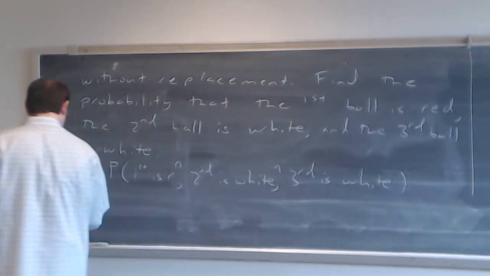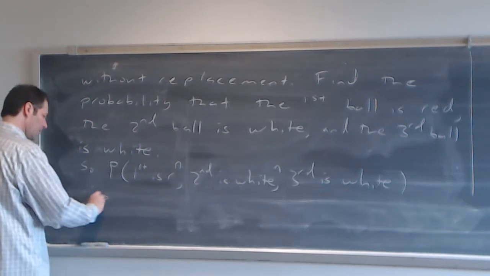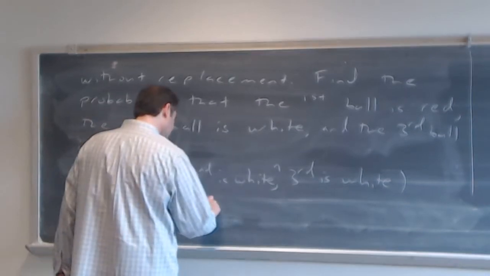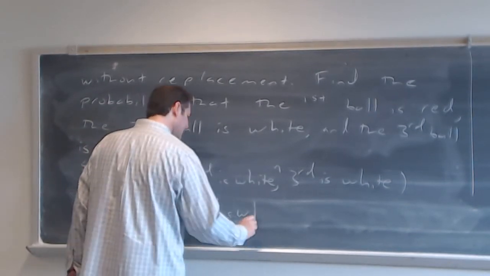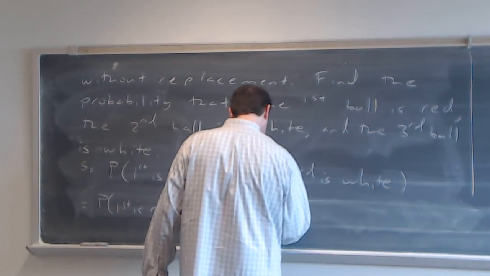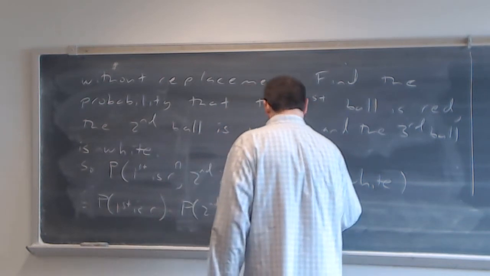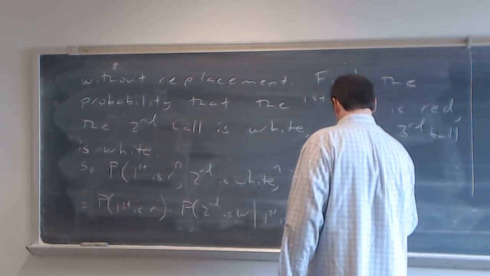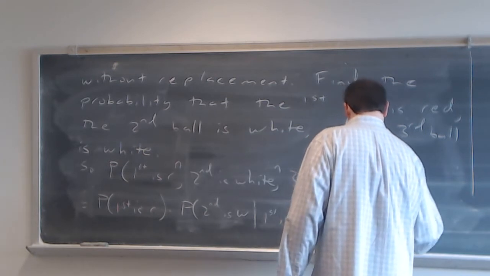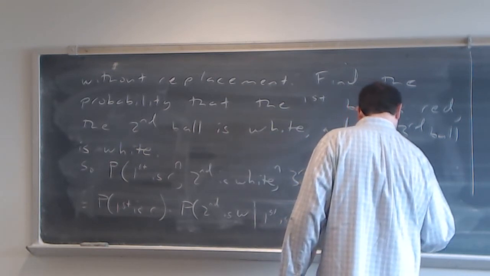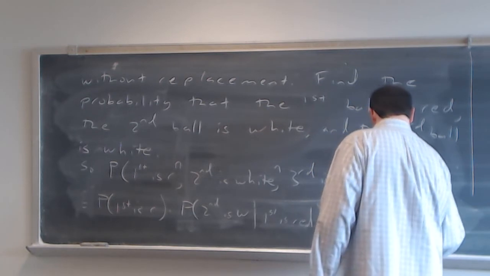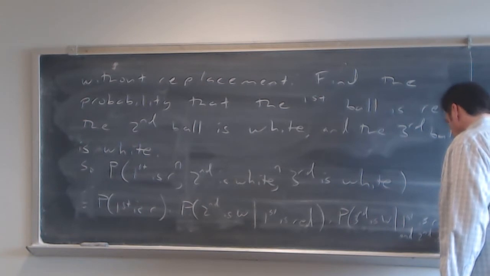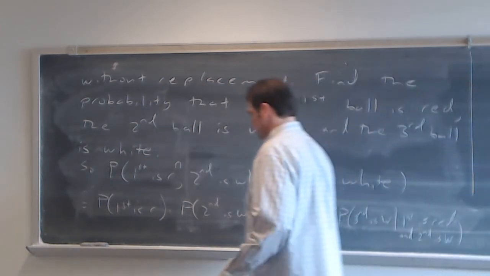So using the multiplication rule, this is the same thing as the probability that the first is red times the probability that the second is white given that the first is red, times the probability that the third is white given the first is red and second is white.